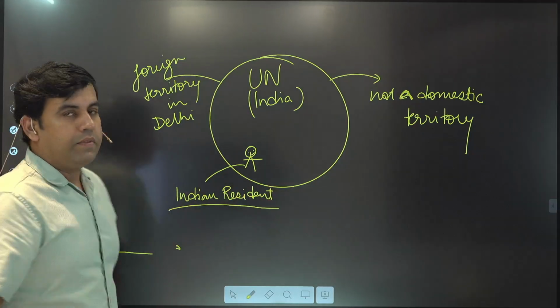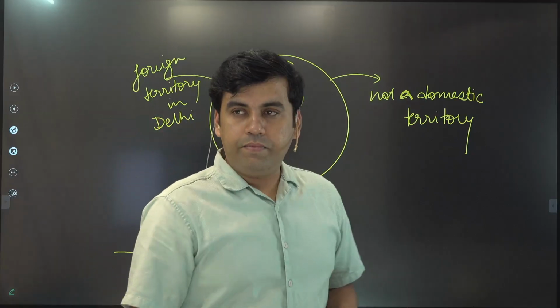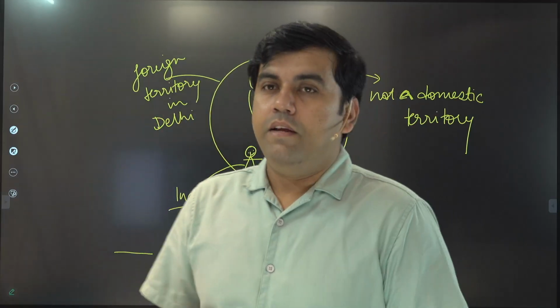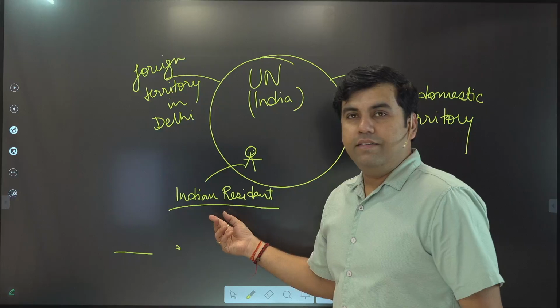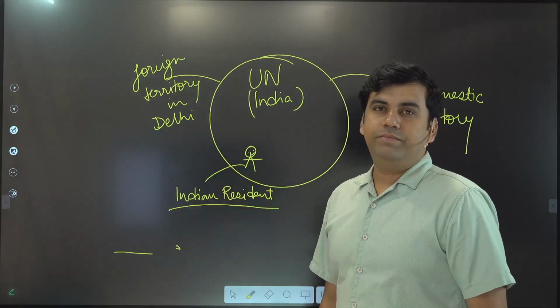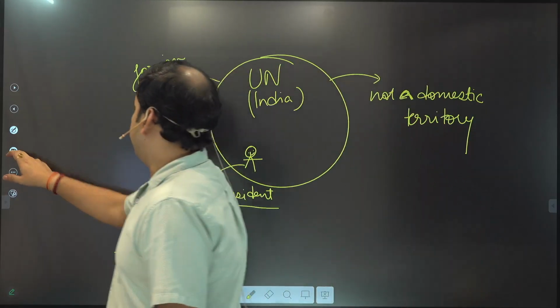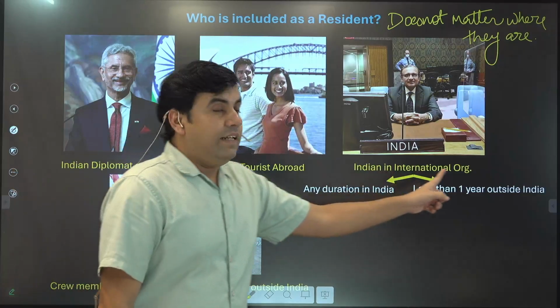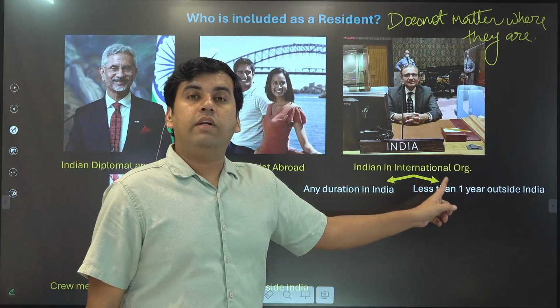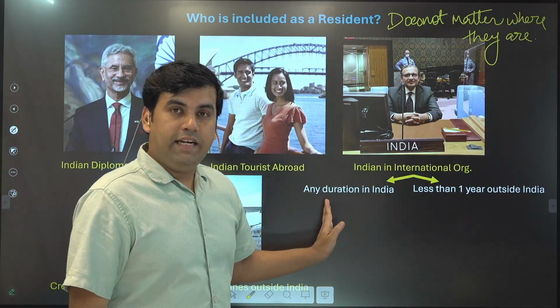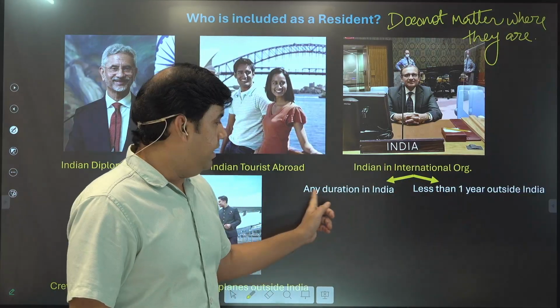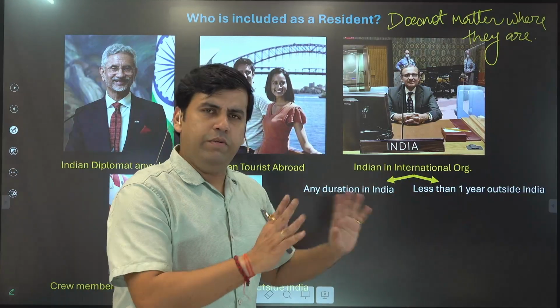Is this point clear? Because where does his economic interest lie? His economic interest lies in India. That's why Indians in an international organization, if the organization's office is located in India, will be considered Indian residents for any duration.